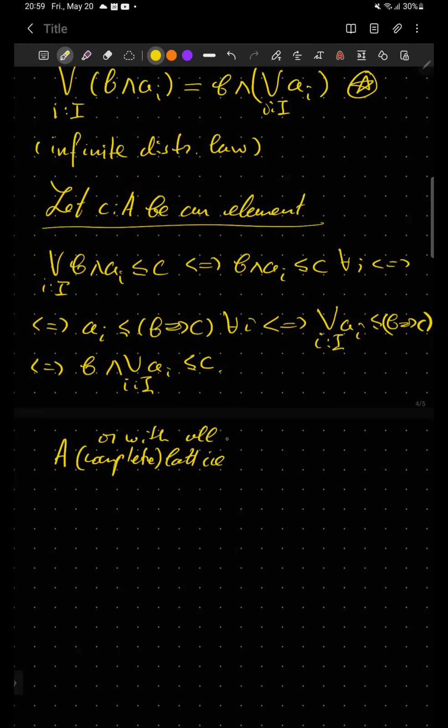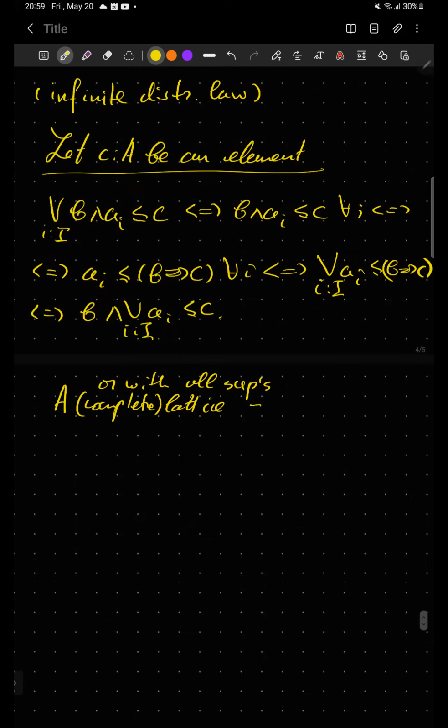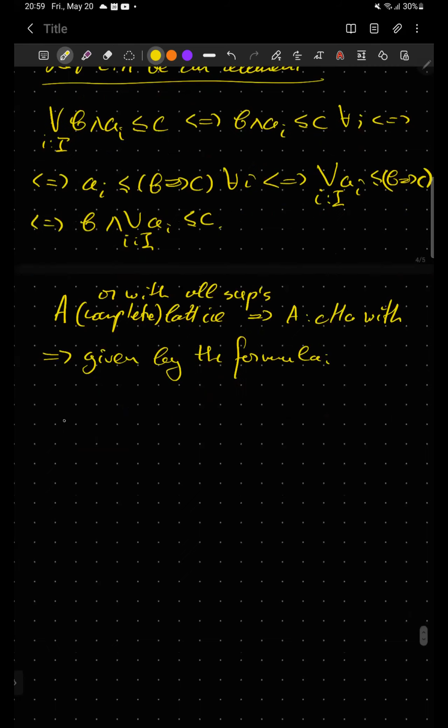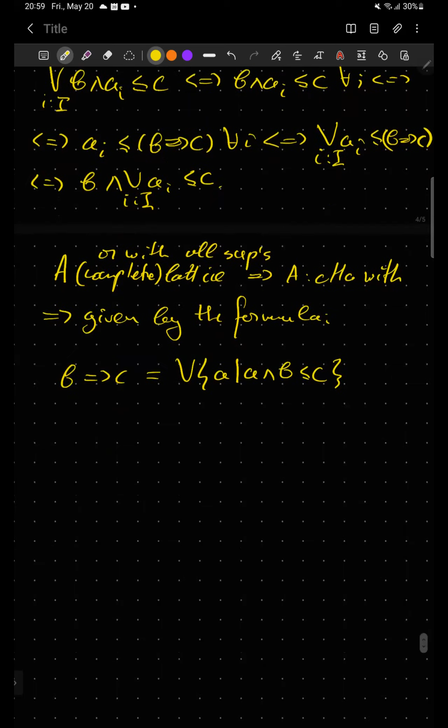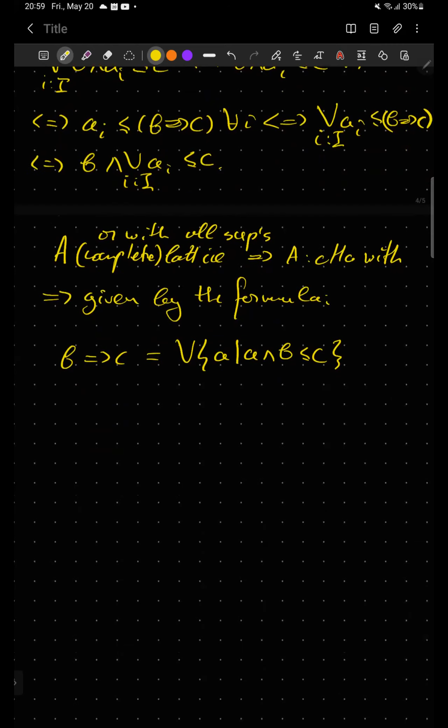So okay, A can be regarded as a category, and therefore we can try to endow it with a Grothendieck topology.